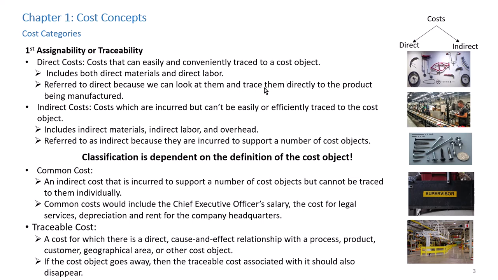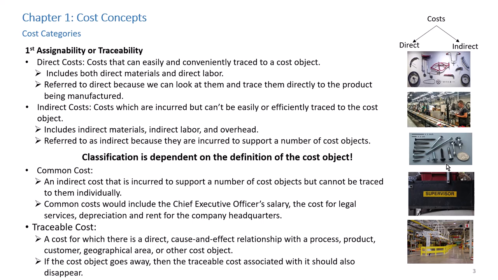Indirect costs, on the other hand, are costs which are incurred but can't be easily or efficiently traced to the cost object. Indirect costs include indirect materials, indirect labor, and something called overhead. In our bike case, we are talking about the cost of screws, other small materials, welding filler, and glue. Each of these is a part of the production process, but can't be efficiently traced to the bike itself.